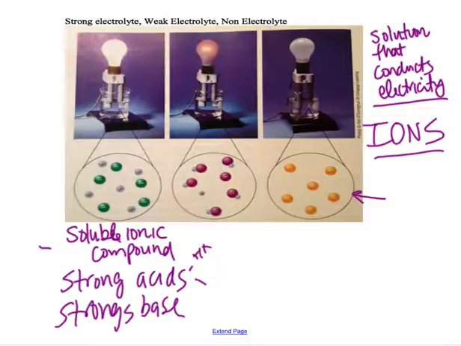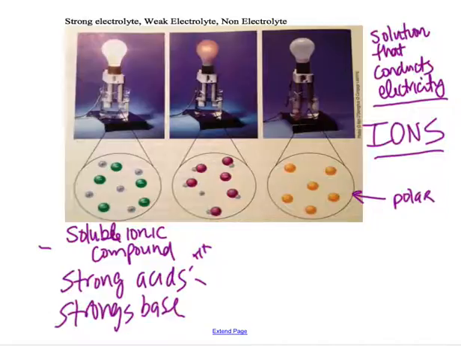Weak electrolytes or non-electrolytes are your polar substances that actually dissolve in the water. And not even polar. We can try to conduct electricity in oil. Oil will not conduct electricity, right? Because what do oil and glucose not do? Why won't they conduct? They don't dissociate into ions.